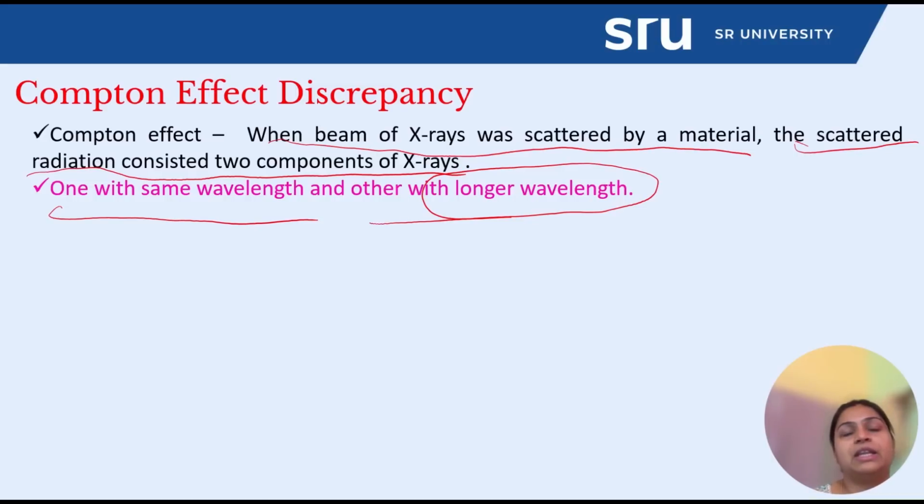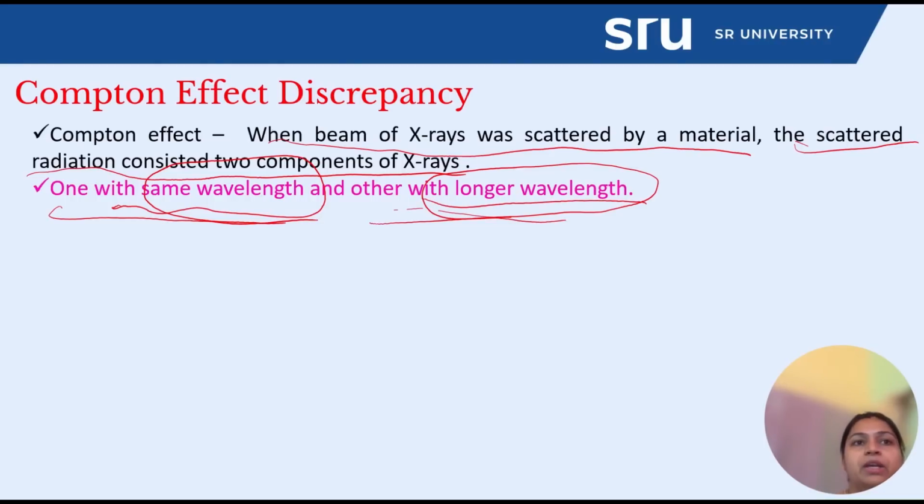If we go back to the classical expectation, according to classical wave theory, X-ray scattering off an electron should only result in a redistribution of intensity, with no change of wavelength or energy. But the experimental results, which were verified experimentally, are different from this classical observation. So it shows that there are two components of the X-ray: one with the same wavelength, another with a longer wavelength.